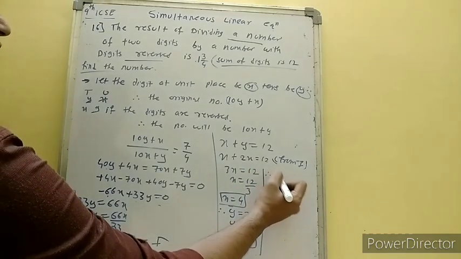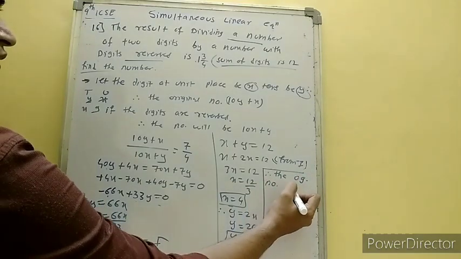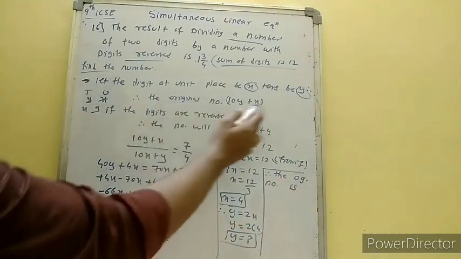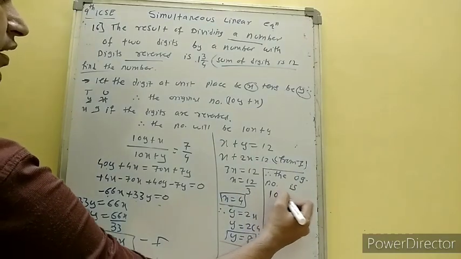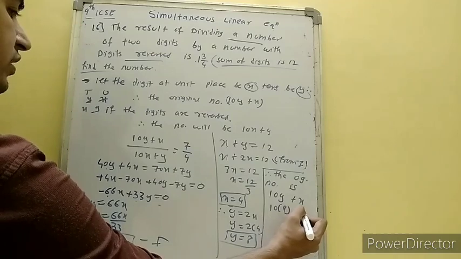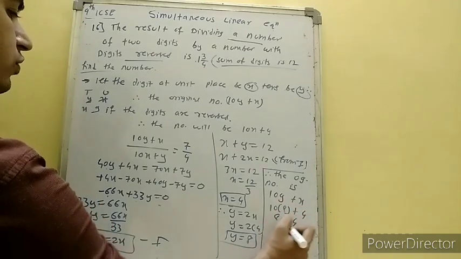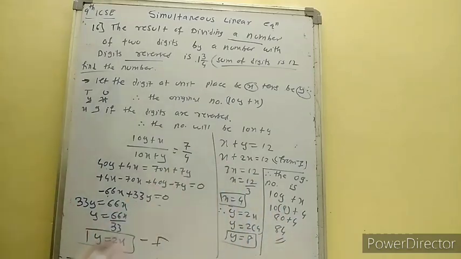The original number is 10y plus x. 10 multiplied by 8 plus x is equal to 4. We have 80 plus 4, 84. Therefore the original number is 84.